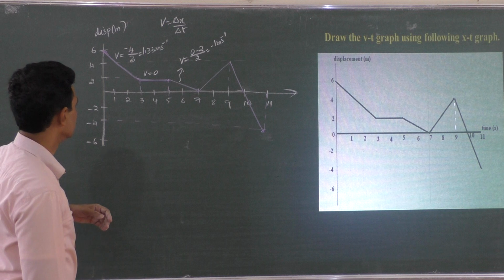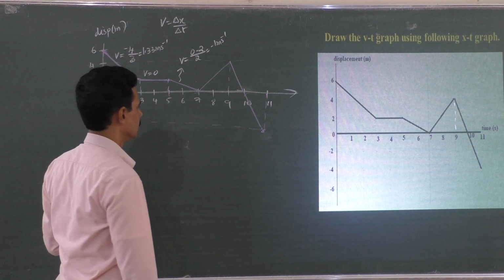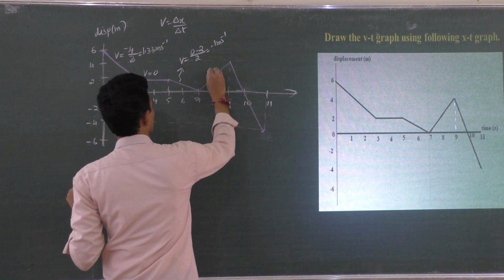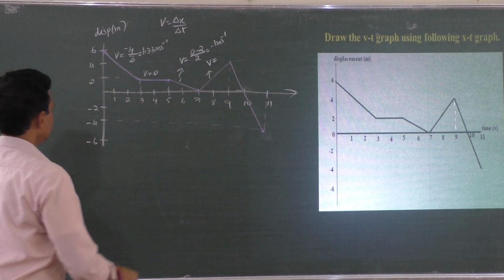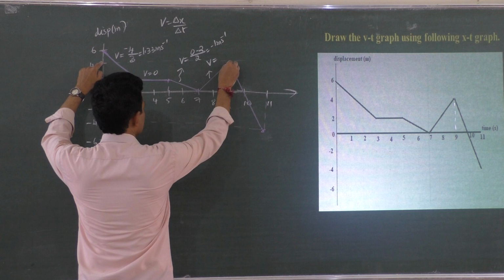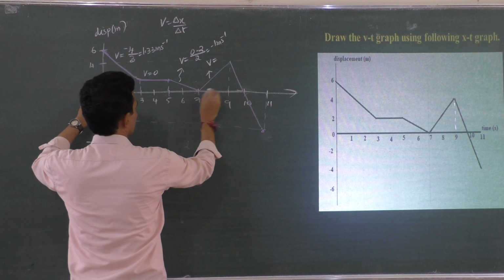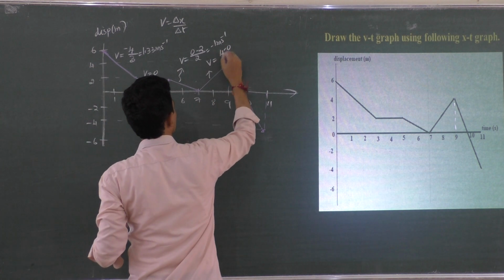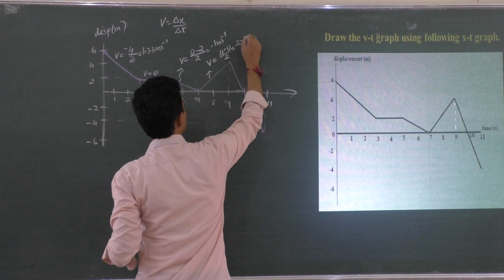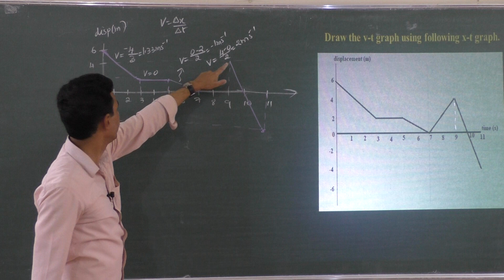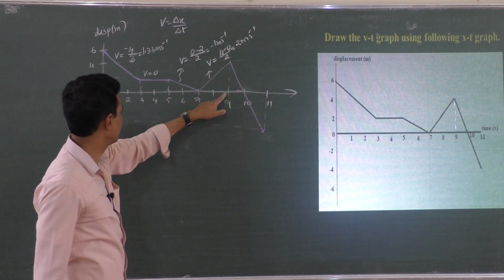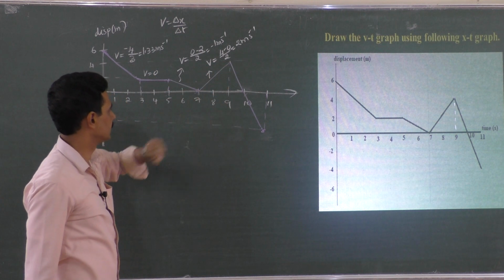What about here in this time interval? Here velocity is an increase only. Final is 4 minus 0 in a time interval of 2 seconds. 4 minus 0 by 2, plus 2 meter per second, because it has increased. Final value of position is 4, initial value of position is 0, time interval is 2 seconds.